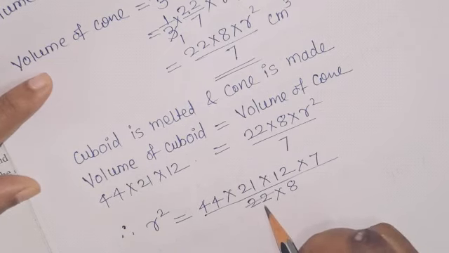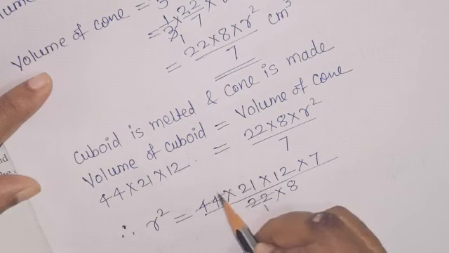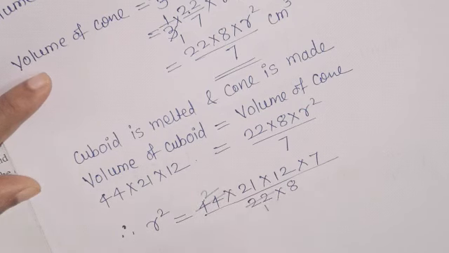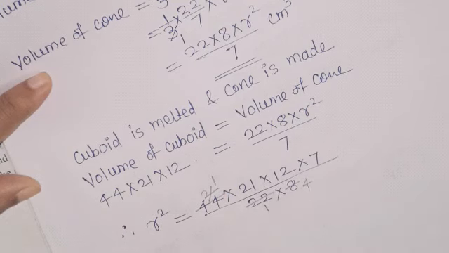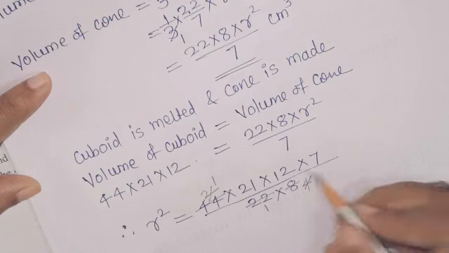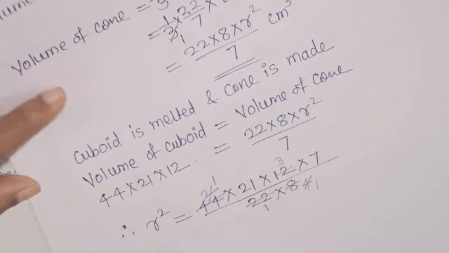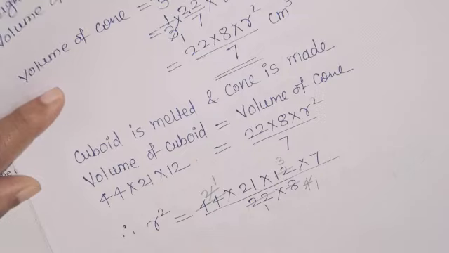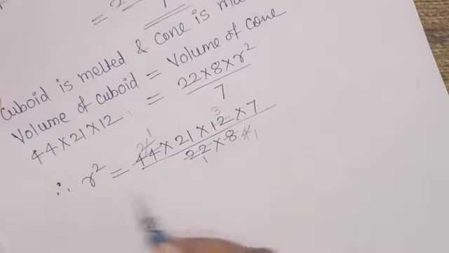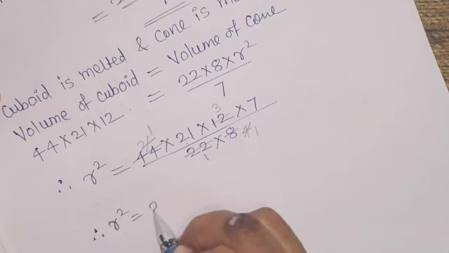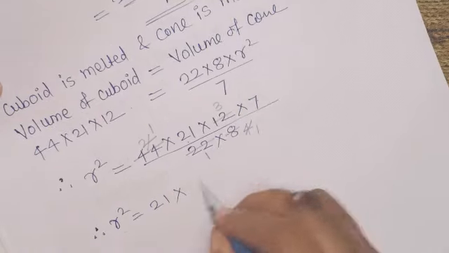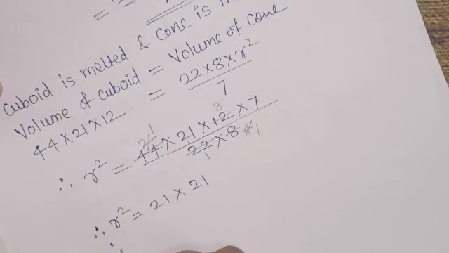First 22 ones are 22 and 22 twos are 44. Then 2 ones are 2, 2 fours are 8. Then 4 ones are 4, 4 threes are 12. So here we got r square is equal to 21 multiplied by 3 sevens are 21, and therefore r is equal to 21 centimeters.